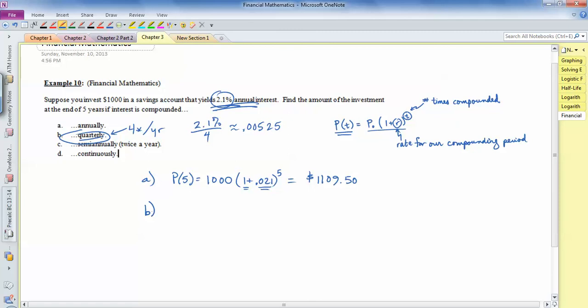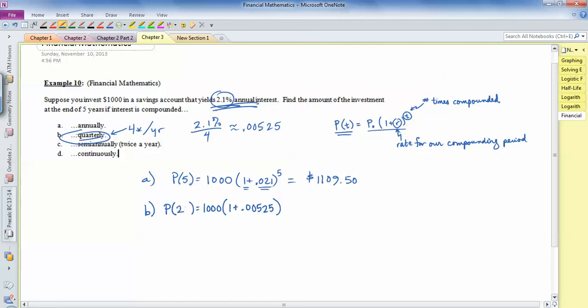So another way of writing this out would be after 5 years, we're going to have 1,000 times 1 plus 0.00525 to the t, except that I'm not compounding every year, I'm compounding every quarter for 5 years.